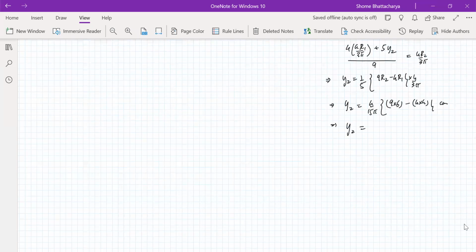So you have to be precise while writing the values, but it's not something very complicated because you're not really doing any integration and all that.